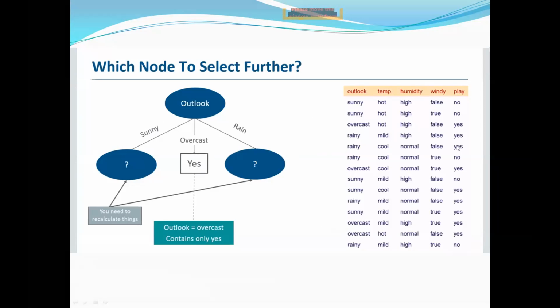If it is rain, here also we have 2 yes and 3 no, so again non-homogeneous data. So we fix an attribute node here, and then we further split the data until we attain pure data. So you need to recalculate the things.